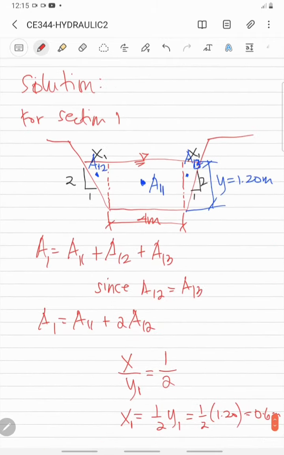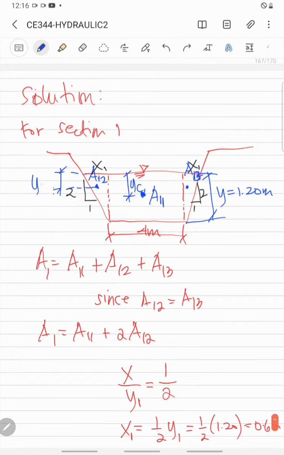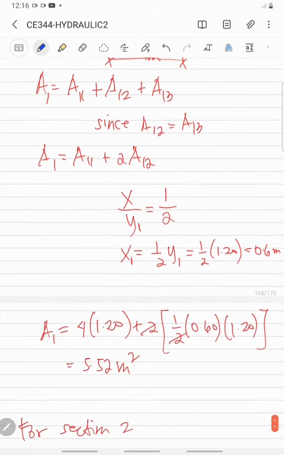For section 1, this will be our yc11, this is yc12, and this is also our yc13 for area 1.